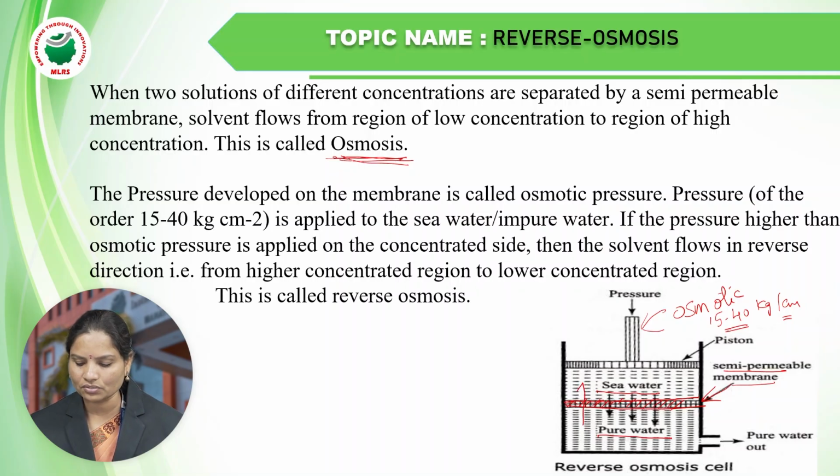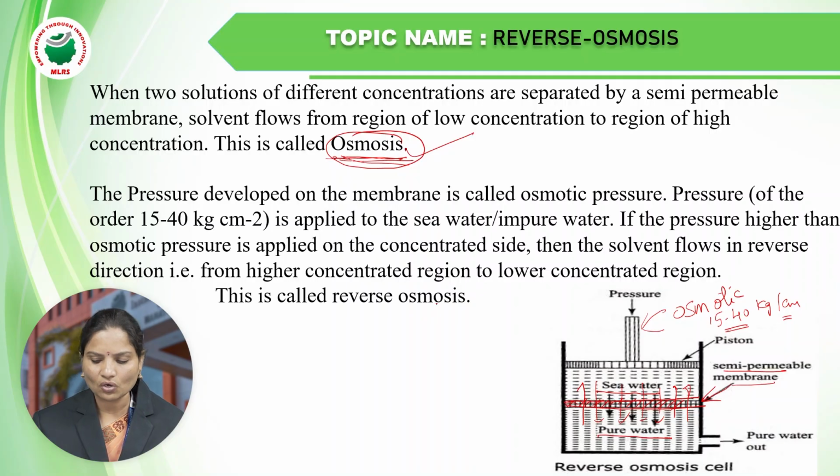So first, solvent flow from lower concentration to higher concentration is called osmosis. When hydrostatic pressure is applied, the solvent flows from higher concentration to lower concentration, which is called reverse osmosis.